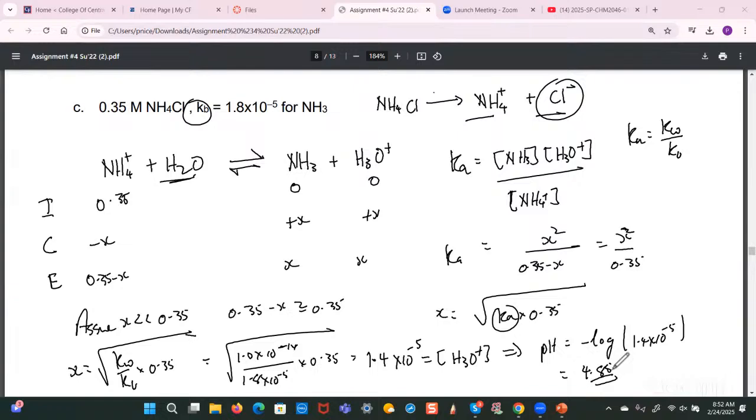Any questions? Do the percent. Oh, right. It's less than 5%, I can't tell, but yeah, you're right. You should do the percent. Let me do that. So percent dissociation would be equal to 1.4 times 10 to the minus 5 divided by 0.35 M times 100%.